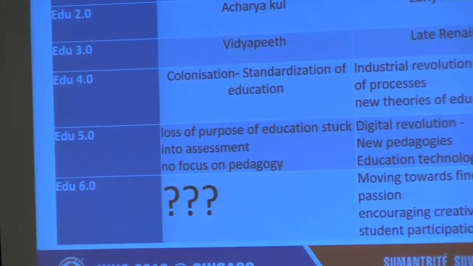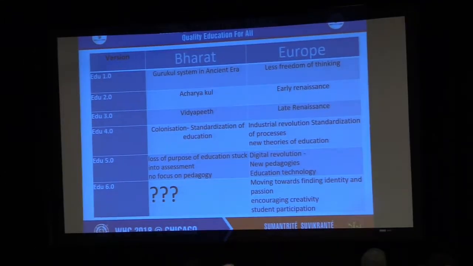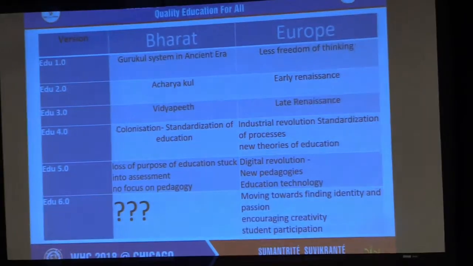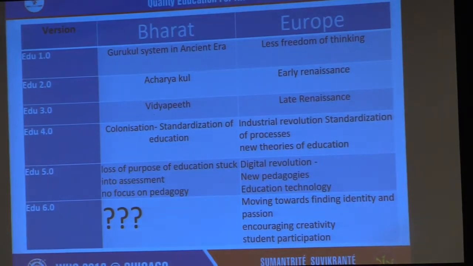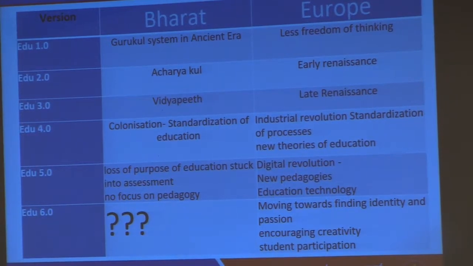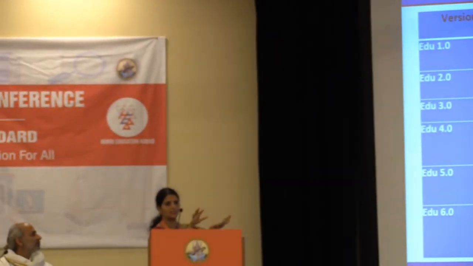This is not in chronological order, but it is our effort to bring things together about what was happening in education development. In Bharat we always had the Gurukul system in the ancient era, and when we had the Gurukul system there was nothing in Europe.